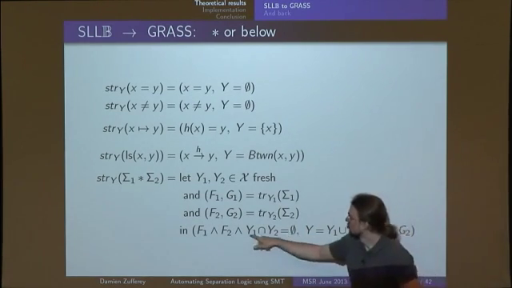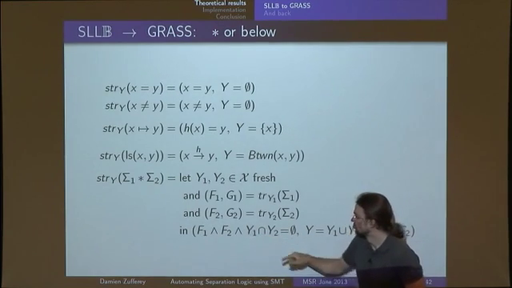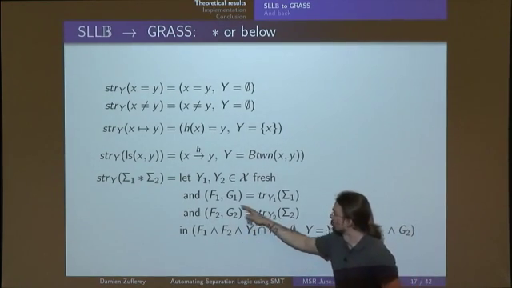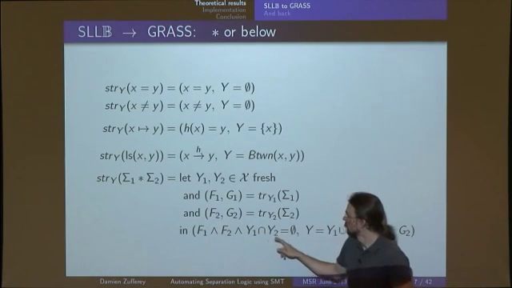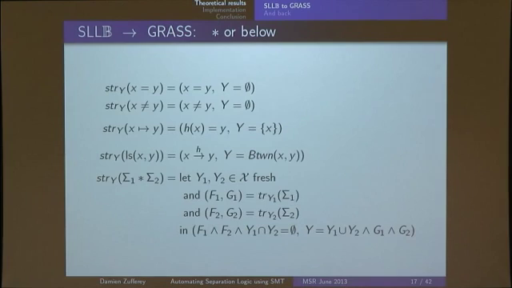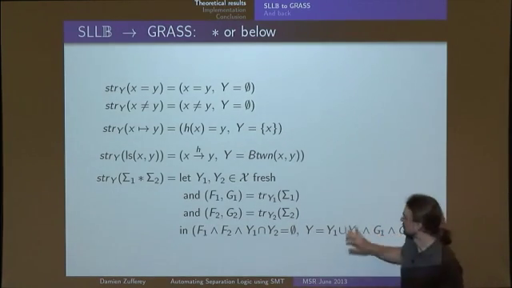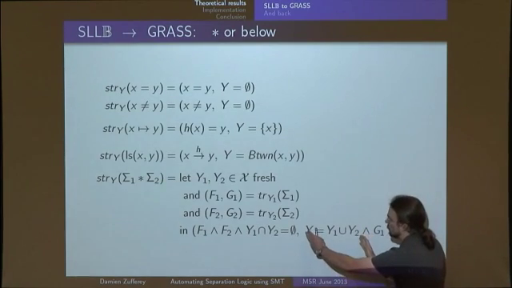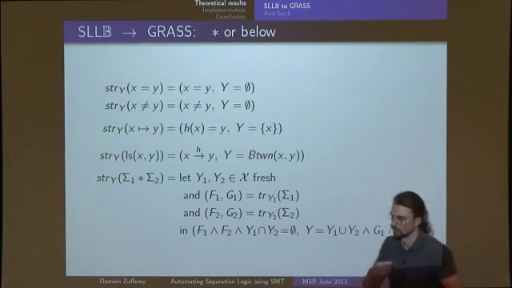On the other hand, the question of disjointness will be put in the part about the structures. So the structures of the two subformulas are here, and then we also have to say that those two subheaps are disjoint. So that's one of the critical parts: to separate the definition of Y from the constraints over Y.